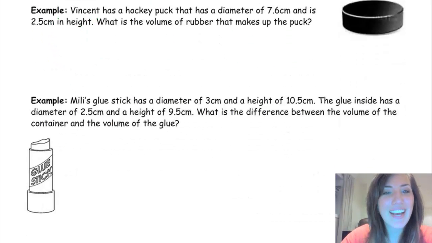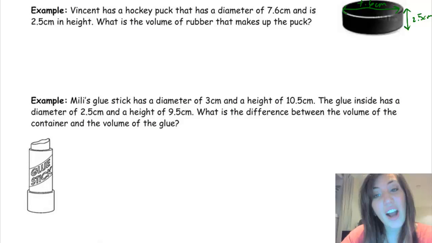So Vincent has a hockey puck, and this hockey puck has a diameter all the way across of 7.6 centimeters, and it is 2.5 centimeters in height. And we want to know how much rubber does it take to make that hockey puck? What's the volume of rubber involved here?